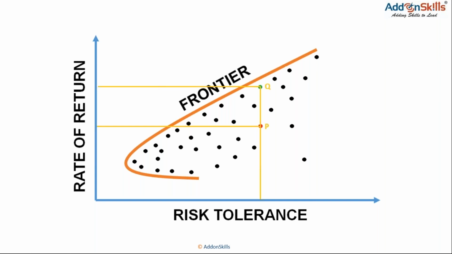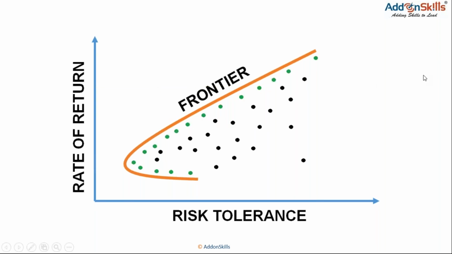Now let me explain this in more detail. There can be many portfolio options. All these green portfolios can be options to invest in, and you need to select any one portfolio because of the scarcity of resources which you have at the current time in your organization.